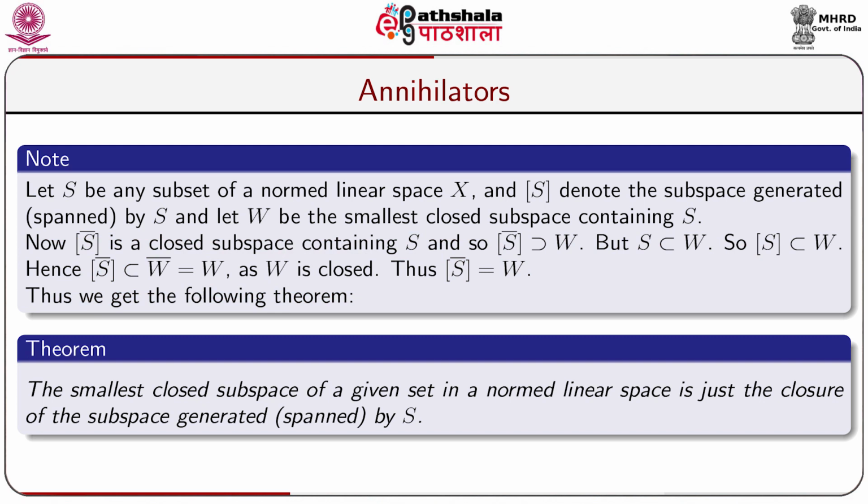Thus, the closure of [S] equals W. Thus, we get the following theorem. The smallest closed subspace of a given set in a normed linear space is just the closure of the subspace spanned by S.